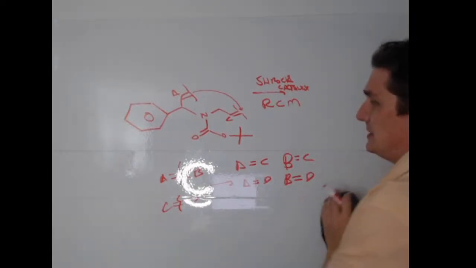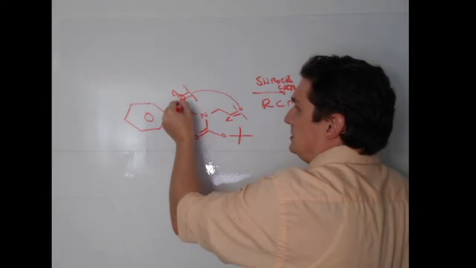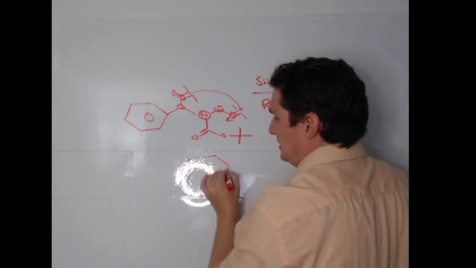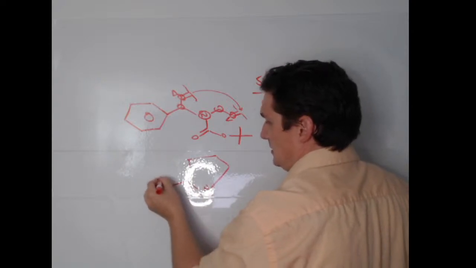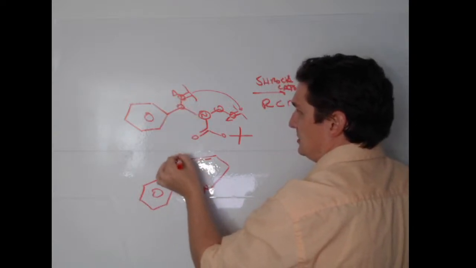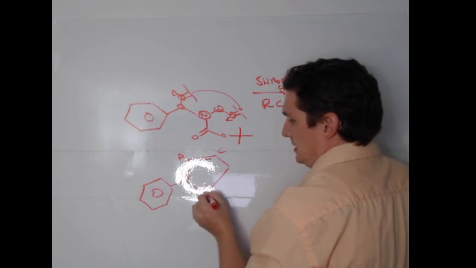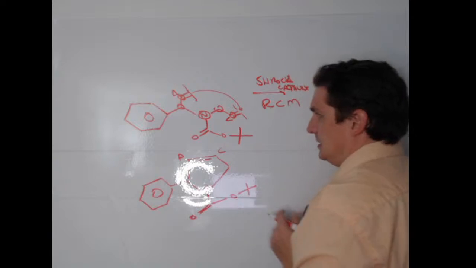So with ring closing metathesis, we're just literally creating a ring. So if we count the carbons, 1, 2, 3, 4, 5. This is a 5-membered ring with nitrogen at the bottom. We still end up with a double bond, so there's your A group, there's your C group, and then the nitrogen has this funky little group coming off of it.